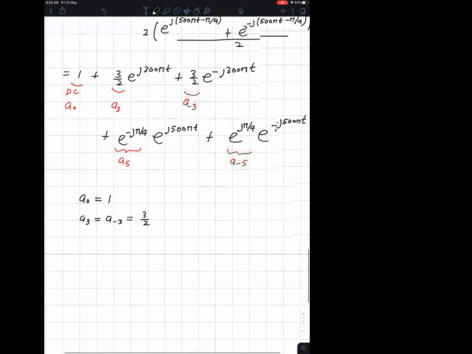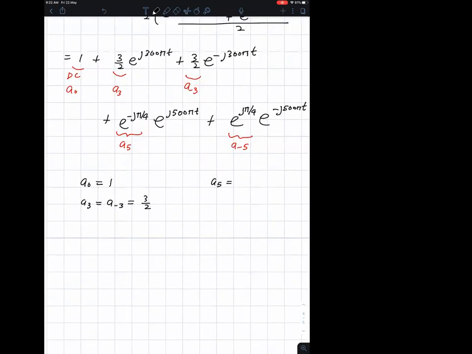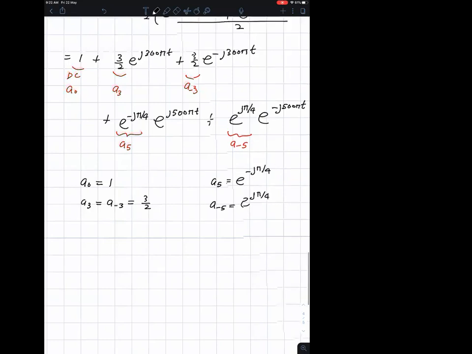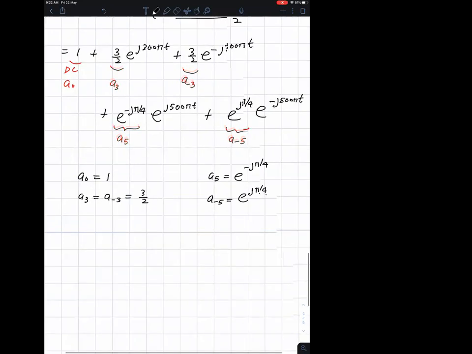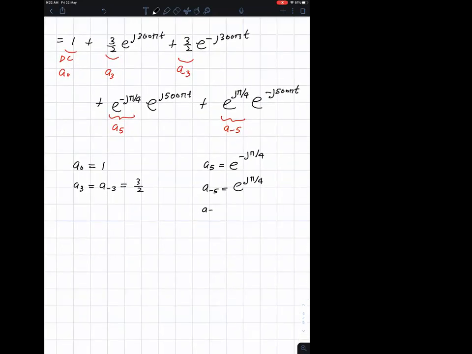A5 is e to the minus j pi over 4, and A minus 5 is e to the j pi over 4. So usually you will say A5 is the conjugate of A minus 5.